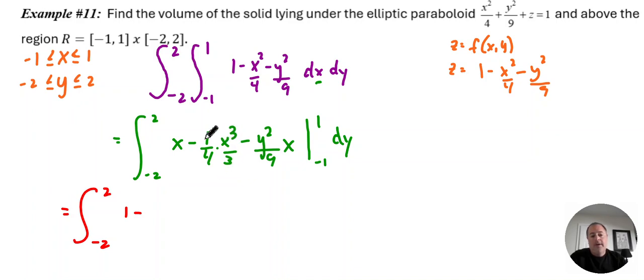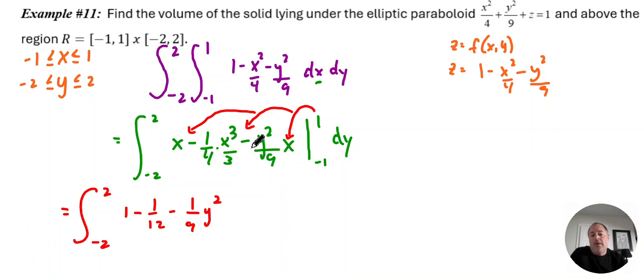When I plug in 1 here, I get -1/4 times 1/3, which is -1/12. And then I'm left with -1/9 y squared. Remember, we're just replacing the x with 1 everywhere we see an x and not where we see a y.